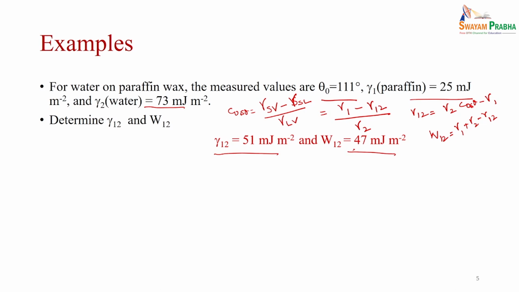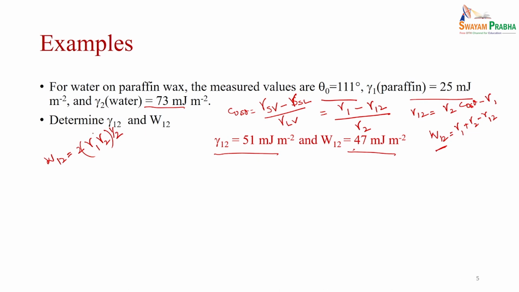So, it will come out to be 47 millijoule per meter square. Now, if you remember the last class, we can also calculate the work of adhesion even if the contact angle value is not given to you. The work of adhesion W12 will be twice of gamma 1 gamma 2 to the power half.